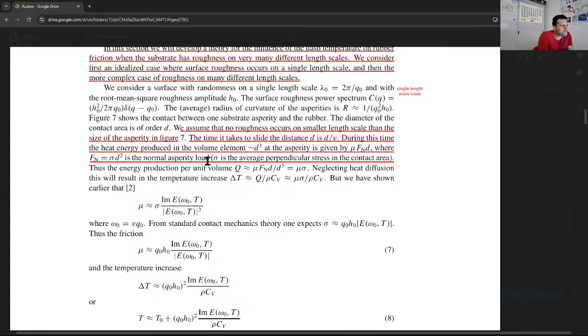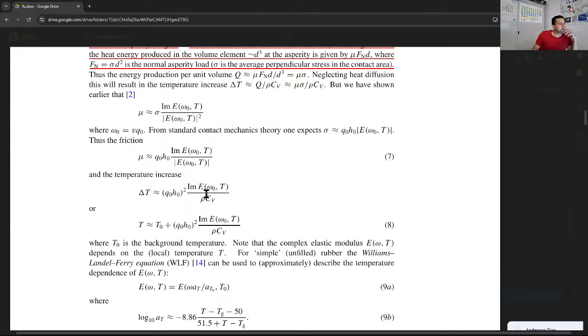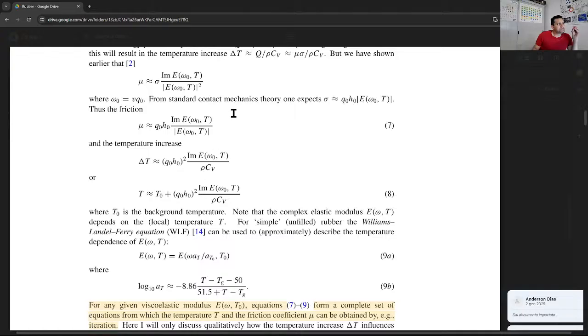The friction coefficient will be just a modification of the previous friction coefficient given at the single scale. The most interesting part here is that in this case we are not considering polar coordinates as it actually is, but without cosine because it's all the same asperities.